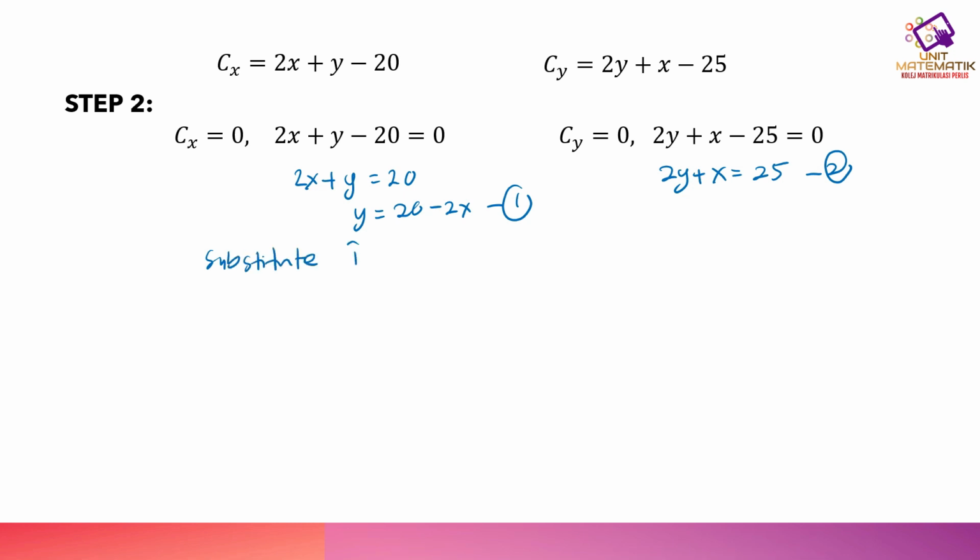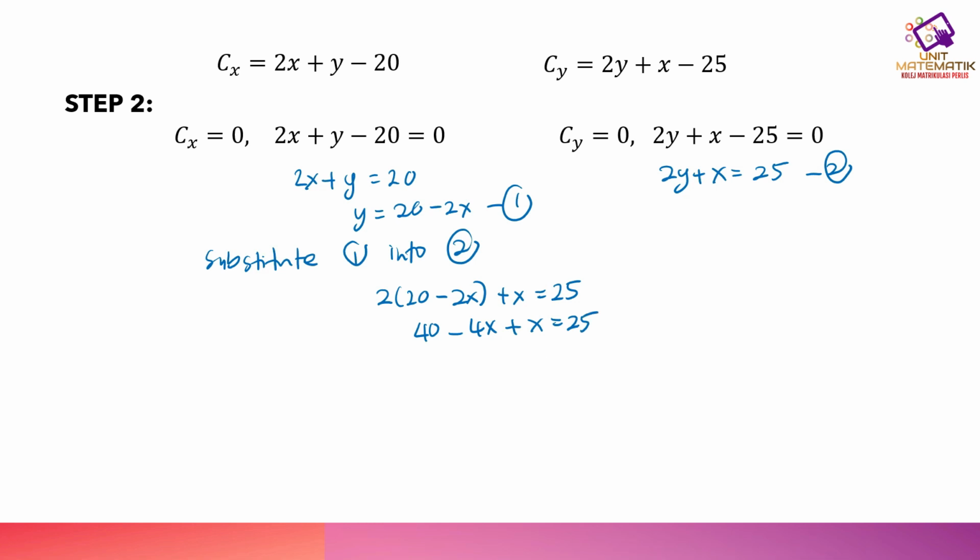So we can substitute the first equation into the second equation: 2 times (20 minus 2x) plus x equals 25. So for the value of x, 40 minus 4x plus x equals 25. What do you have?